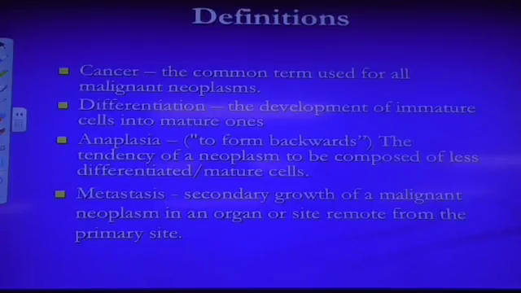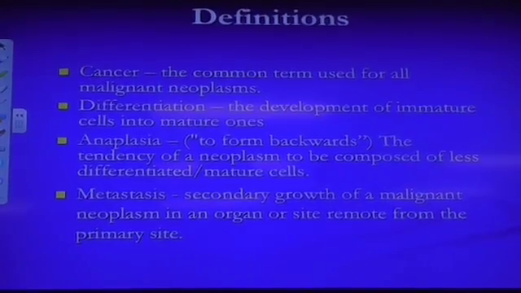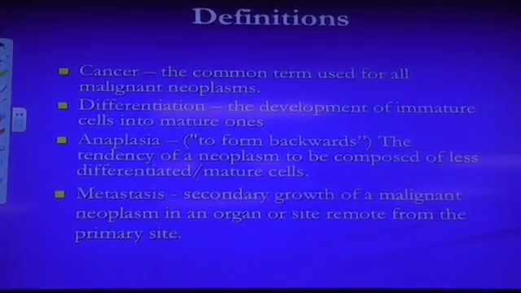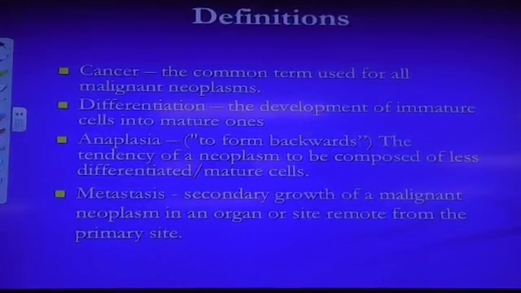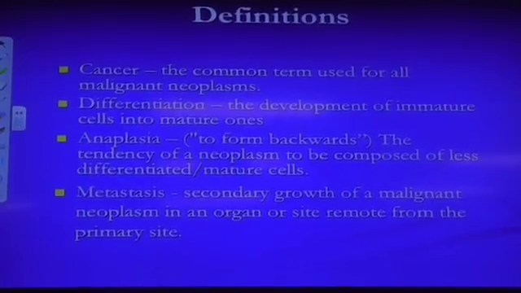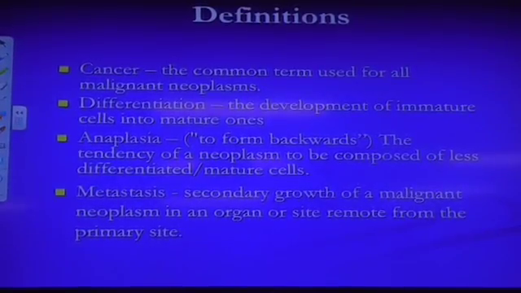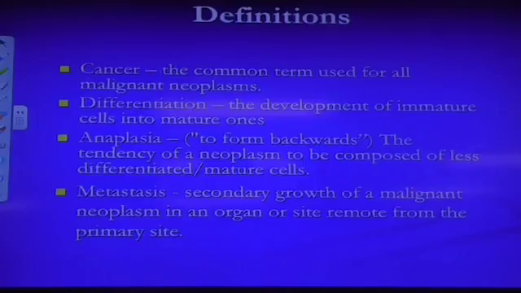A lot of times malignant neoplasms will be de-differentiated or anaplastic. So to read the definition, differentiation is the development of immature cells into mature cells. And anaplasia technically means to form backwards, and it's the tendency of a neoplasm to be composed of less differentiated, less mature cells. Okay.